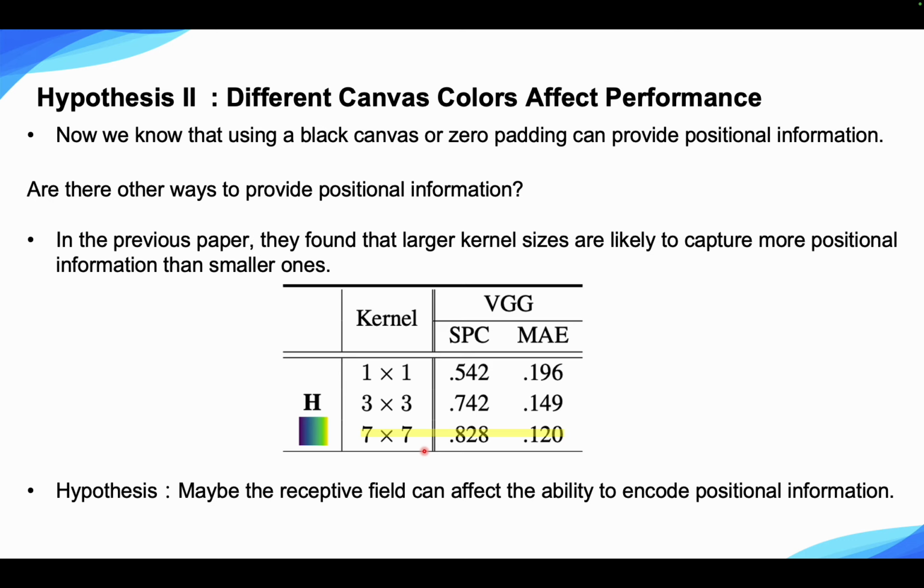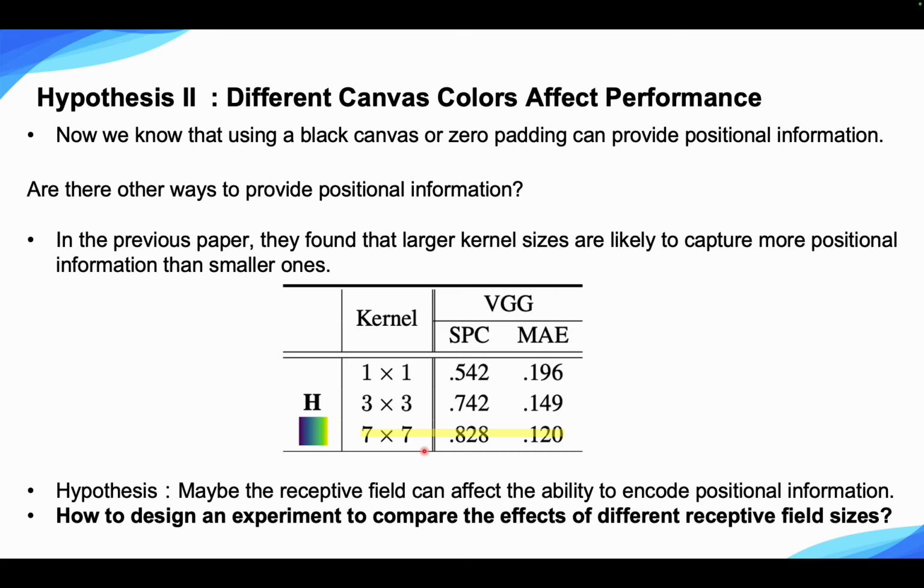So they propose a hypothesis that maybe the receptive field can affect the ability to encode positional information. But how to design an experiment to compare the effects of different receptive field sizes?